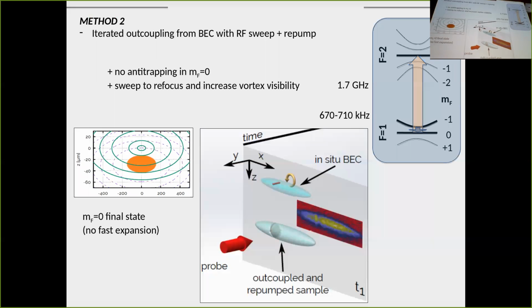This is the reason why we developed a different approach to the imaging, which relies on a two-photon transition to extract the atoms to be imaged. Don't want to be too technical, but let me know simply that now this approach allows to go through Zeeman levels that are insensitive to the first order to magnetic field gradients.